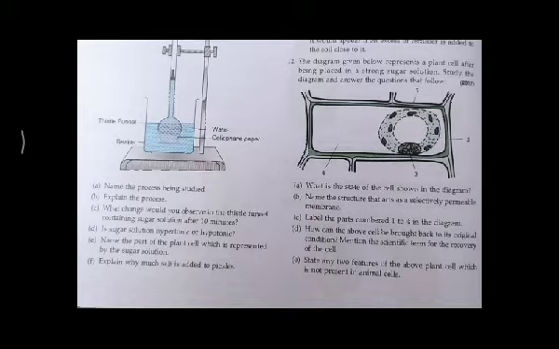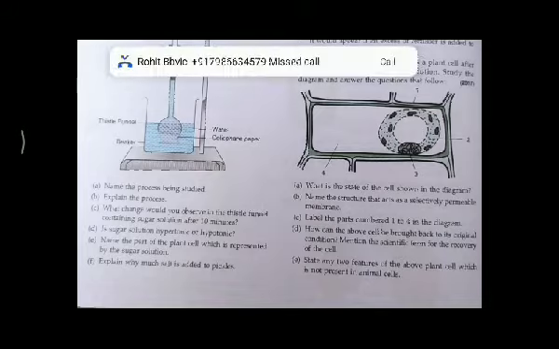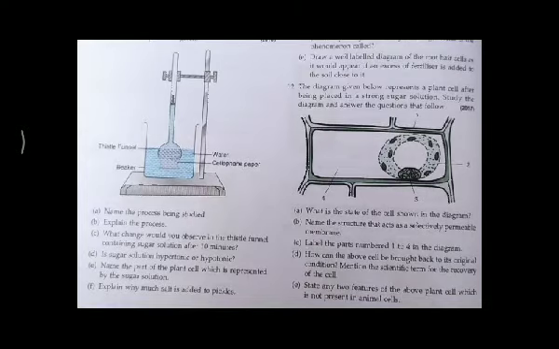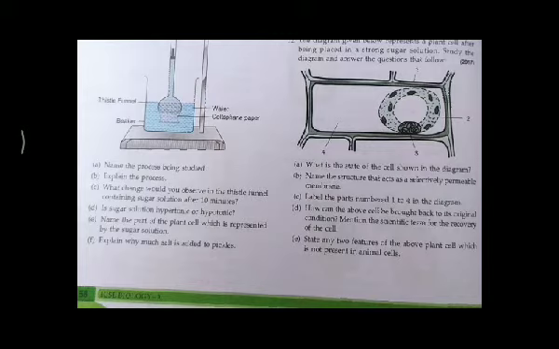You can write there: the level of the sugar solution in the stem of the funnel rises, whereas in the beaker the water level falls. The water molecules pass from the region of higher concentration to lower concentration in the funnel. That is the answer.